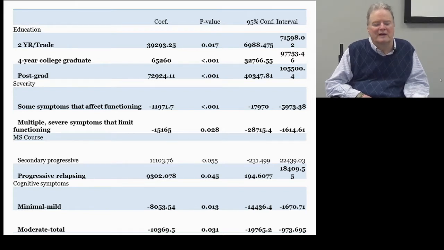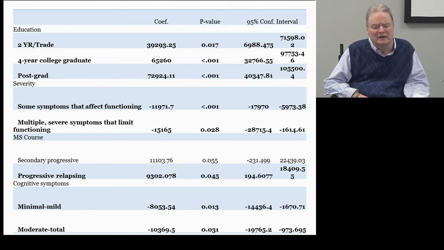And we broke those categories much more into more groups and more detail for this study. And you can see the effects of just having some additional education and certainly the strong effects of a 4-year degree and its influence on earnings.